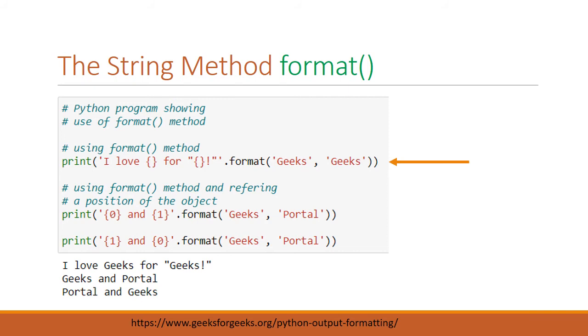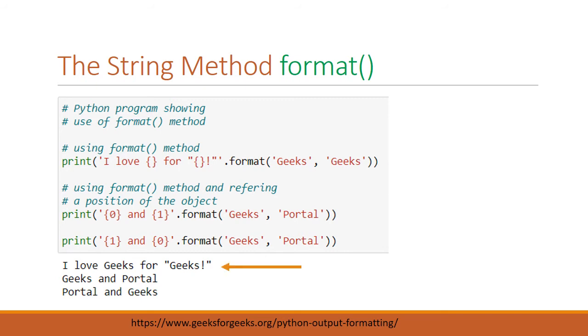The way the Python interpreter executes this print statement, it will map the arguments onto the curly brackets in our string constant. The first argument within the format method, which is geeks, is mapped onto the first set of curly brackets, and the second geeks within our format method is mapped onto the second set of curly brackets.